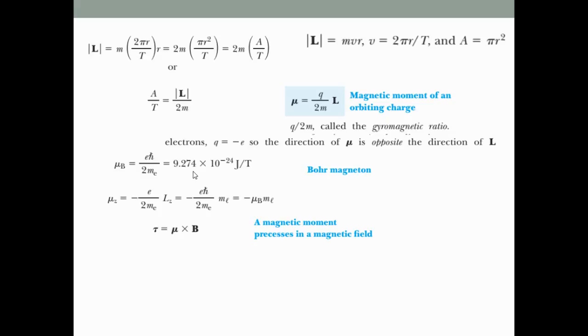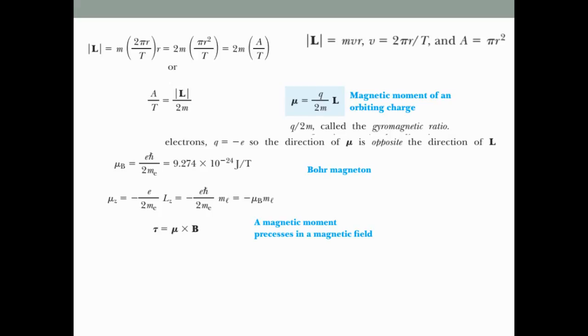Because mu is proportional to L, the orbital magnetic moment is subjected to space quantization. In particular, the Z component of the orbital magnetic moment is fixed by the value of the quantum number ml.